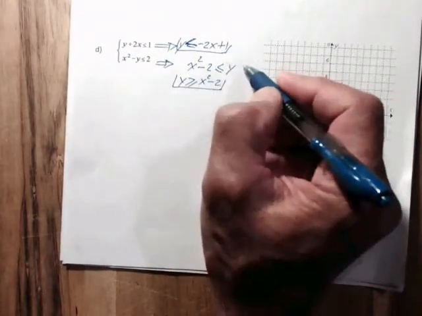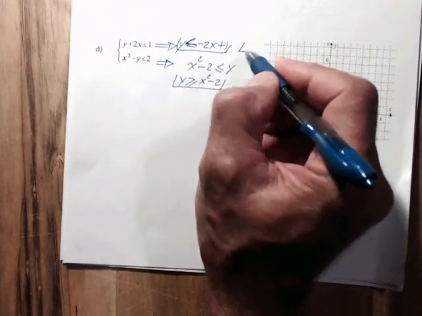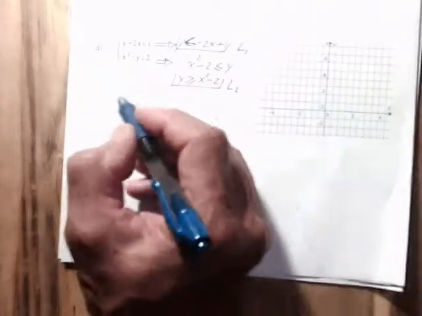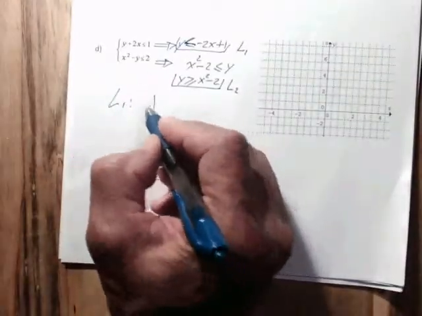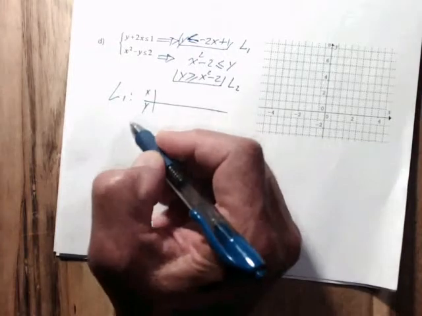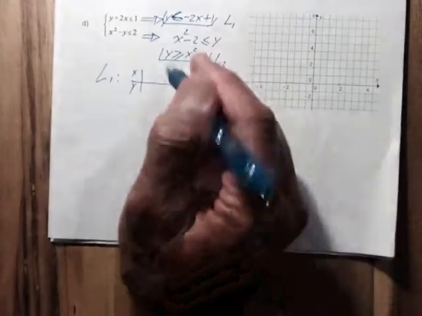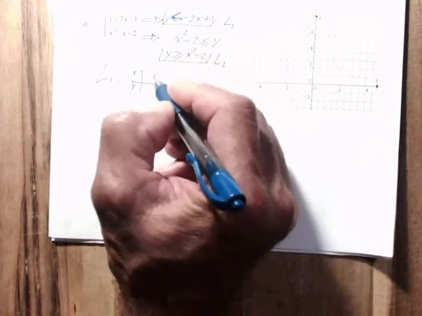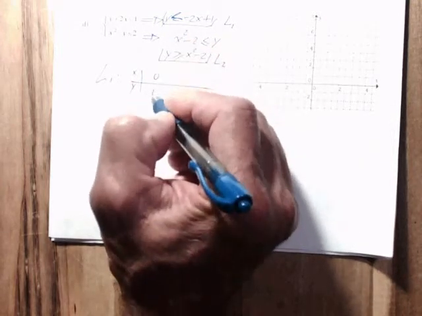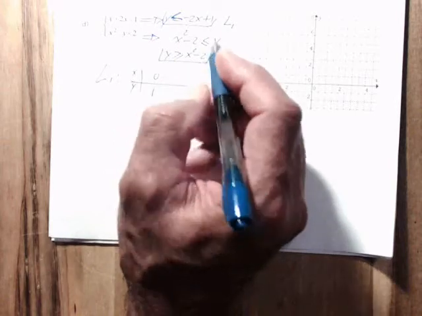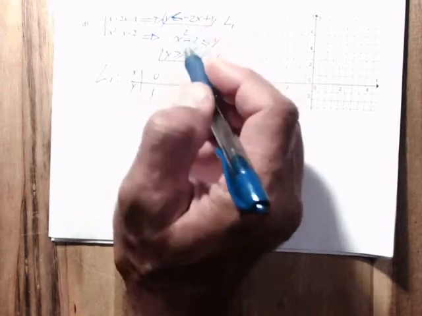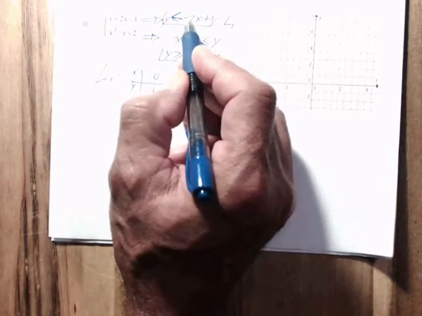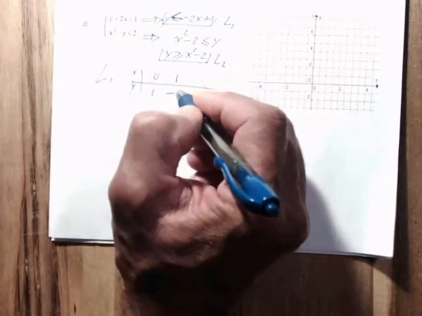So if I call this one L1 and this one L2, for L1, x and y, if I put x equal to 0 and then y equal to 1, if you put x equal to 1, it's an easier point, you get y equal to -1.